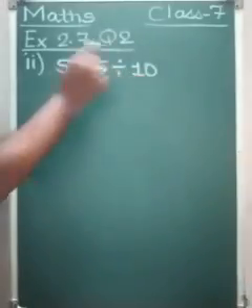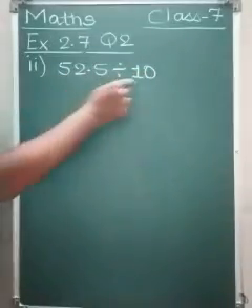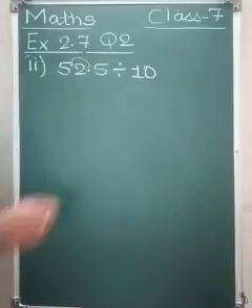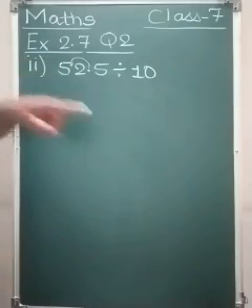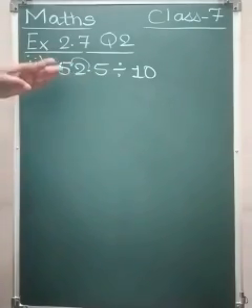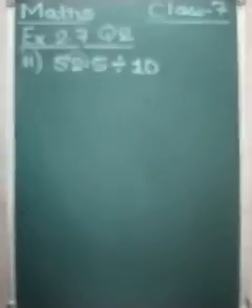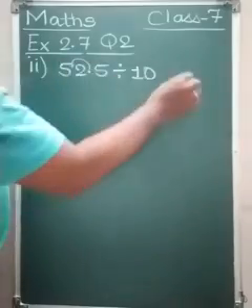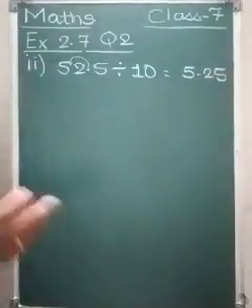But if division is there, the decimal point will shift towards the left hand side, as many places as there are zeros. Only one zero, so the decimal point should shift one place to the left and the answer should be 5.25. But we cannot write the answer directly, so we will have to solve it. Let us solve and check.